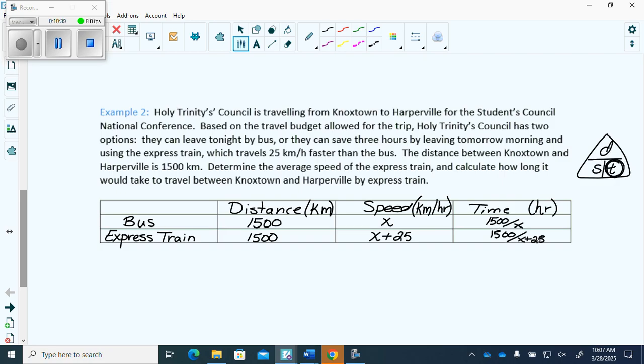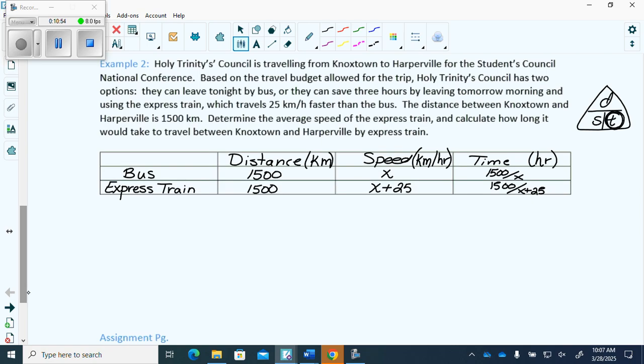This one said that takes 3 hours, I believe. I can't remember. I can't find it. You save 3 hours if you take the express train. So a lot of people want to add 3 hours onto the bus or take 3 hours off the express train. Remember that we are trying to make these times equal. So this is the bus time, and this is the express train time.